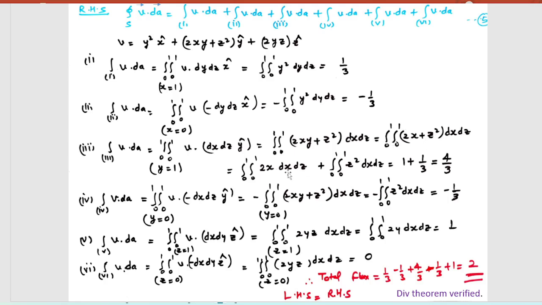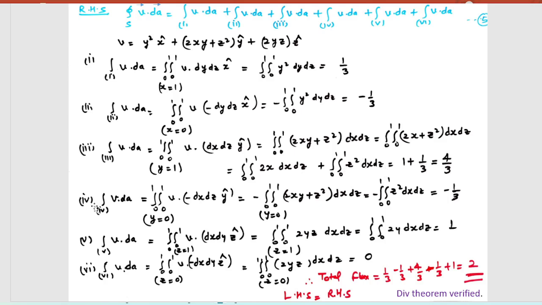So we can write it separately, 2x dx dz integral, surface integral, plus z square dx dz 0 to 1. So for the 2x dx dz, we can have dz integral is z, and 0 to 1 means 1, and 2x means x square by 2, so it will also give us 1. So 1 plus 1 by 3, that is 4 by 3.